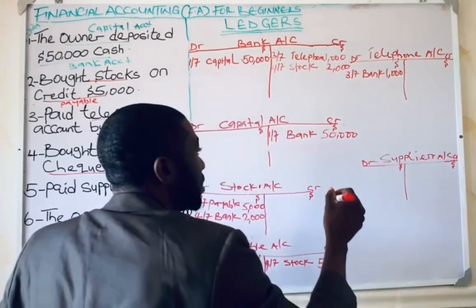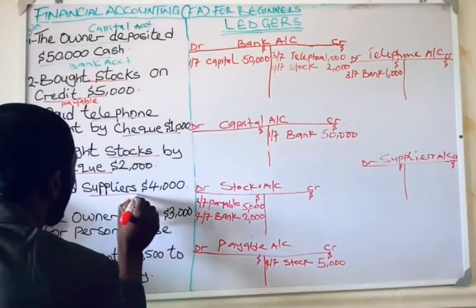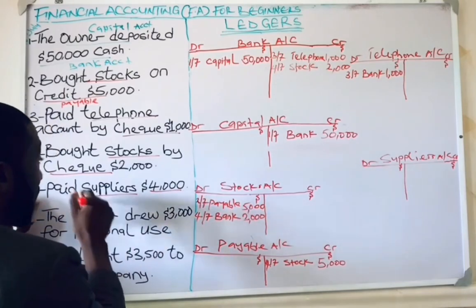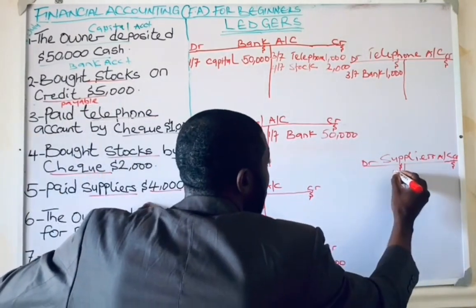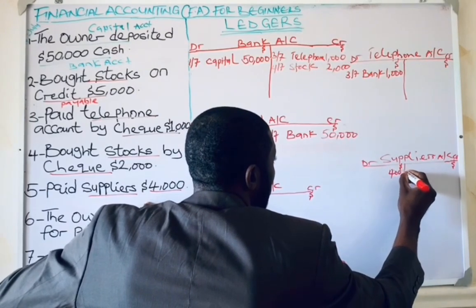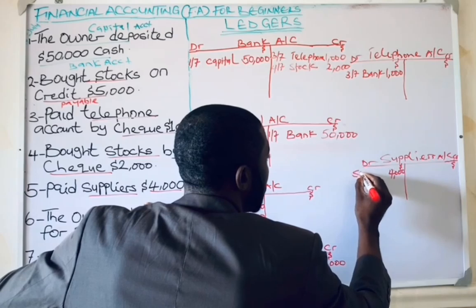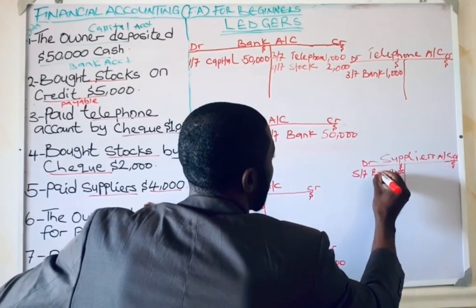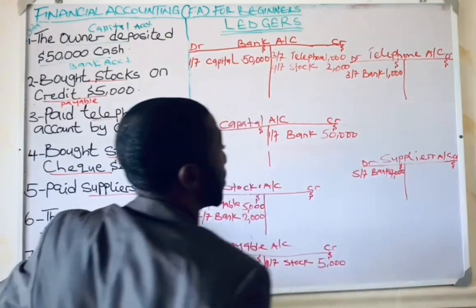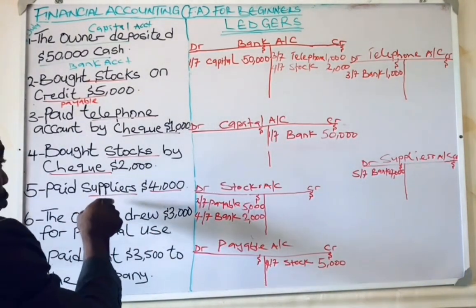The suppliers are receiving and cash is going, since we're paying. So we paid suppliers $4,000 on the 5th of July by bank. We pay $4,000 using bank to suppliers.